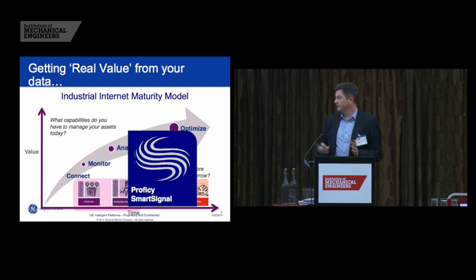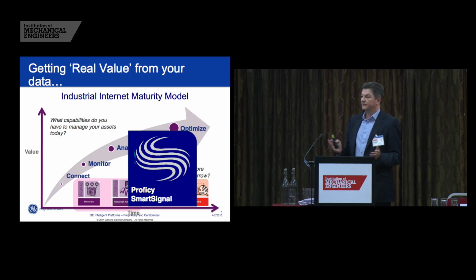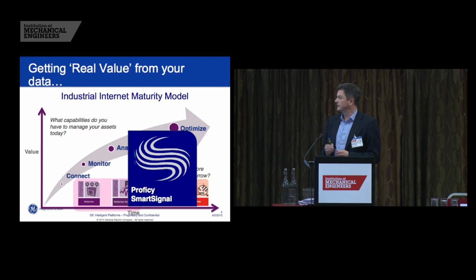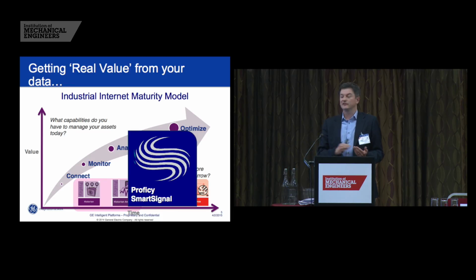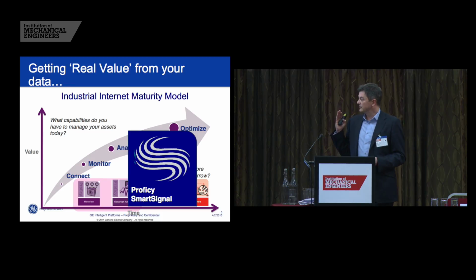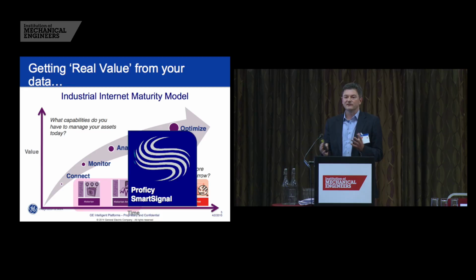As a business, we provide the whole range of reliability. We follow this industrial internet maturity model, the reliability maturity model. What we find is most of our customers are somewhere on this curve. Everybody wants to be able to utilize their data in a more effective way, so they're looking to connect and store the data first, and we've got solutions for that.